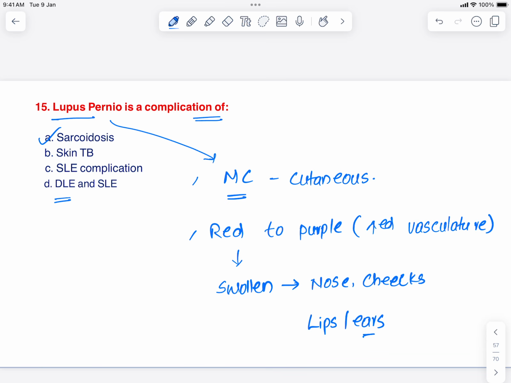These are the places where you have the lupus pernio, and it is particularly resistant to both surgical and medical therapy. So this lupus pernio does not respond to either medical management or surgical management. So that is about the lupus pernio. All right, next question.